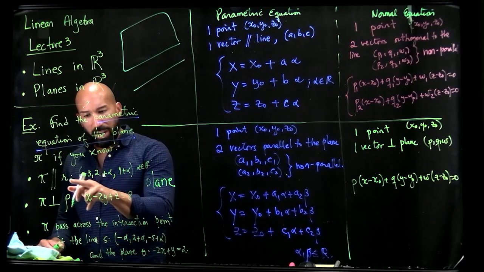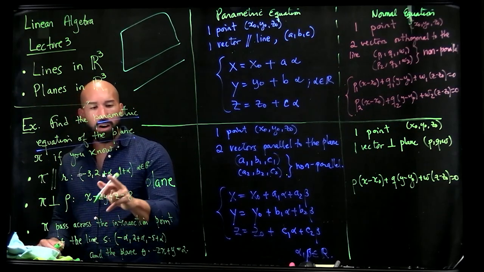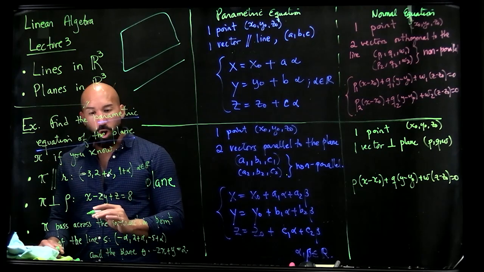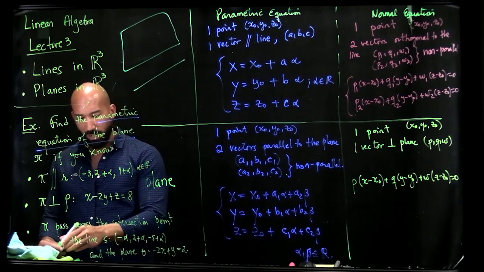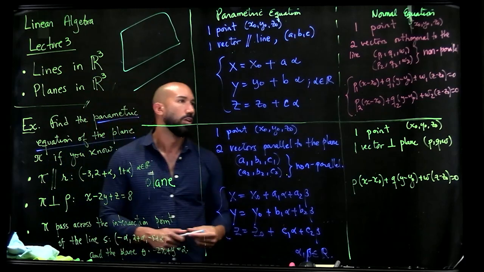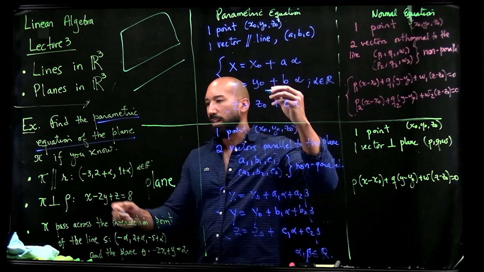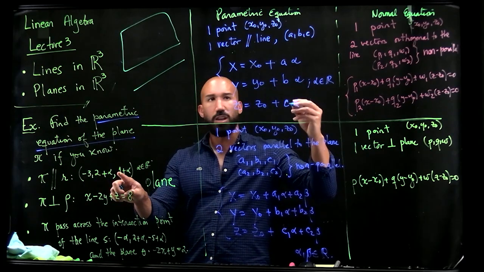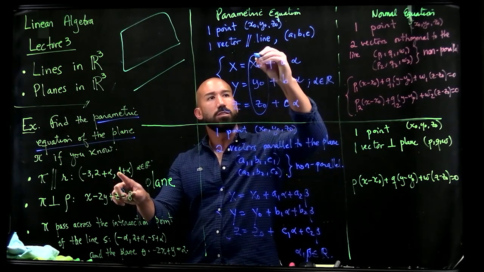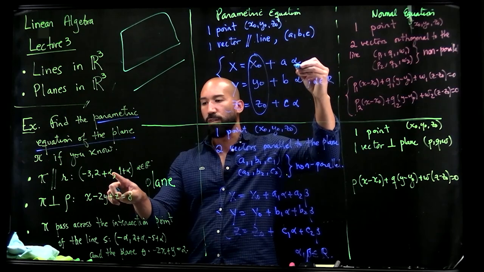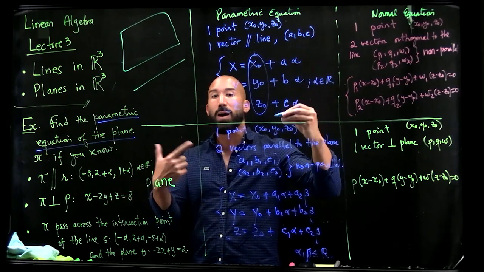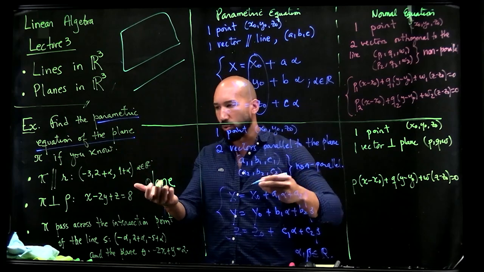But the equation that I have describing R is a parametric one. So by only looking at this equation, what do I know? Look at the parametric equation of the line. The constants here are a point, and the coefficients of alpha are a vector parallel to the line.